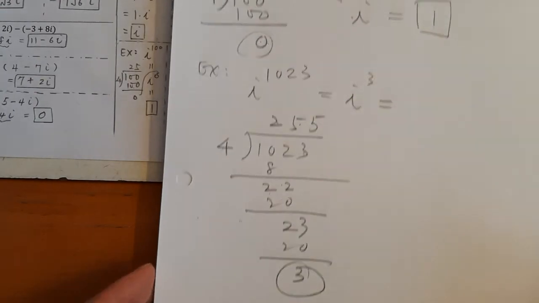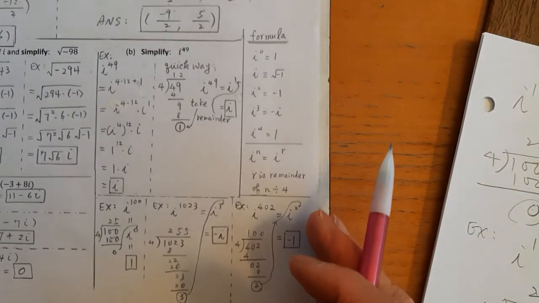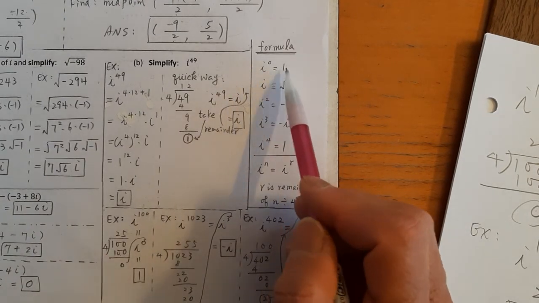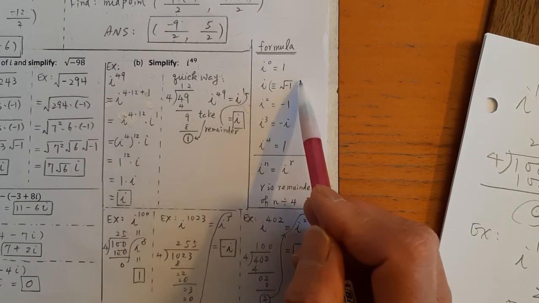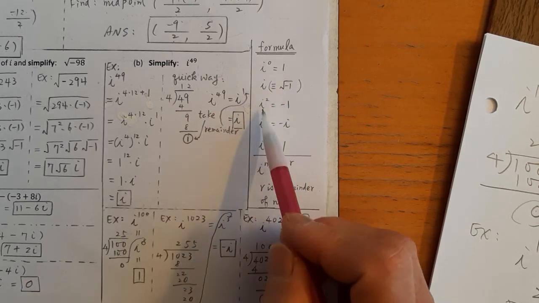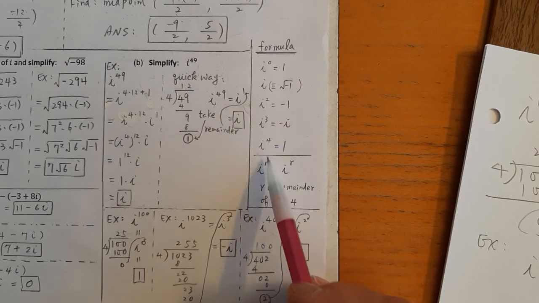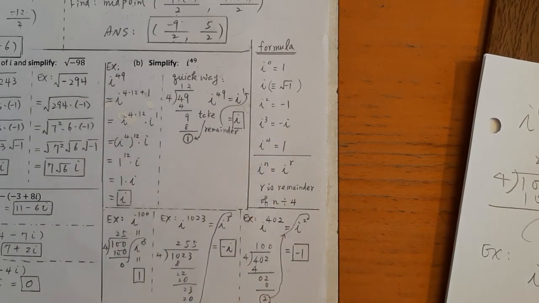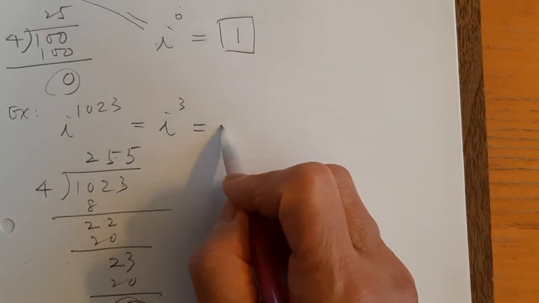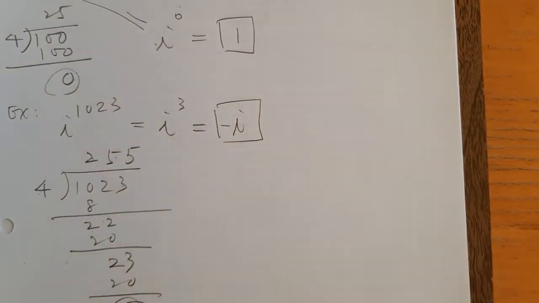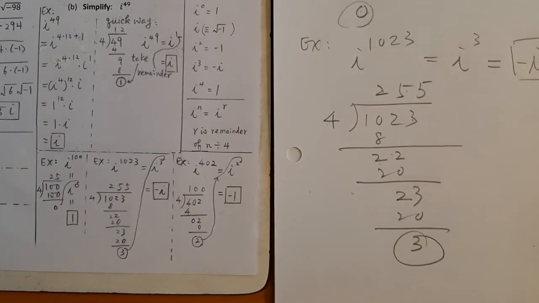Now what is i to the power 3? This is the formula: i to the power 0 equals 1, i is just i, defined as the square root of negative 1, i squared equals negative 1, i cubed equals negative i, i to the power 4 equals 1. So i to the power 3 equals negative i.